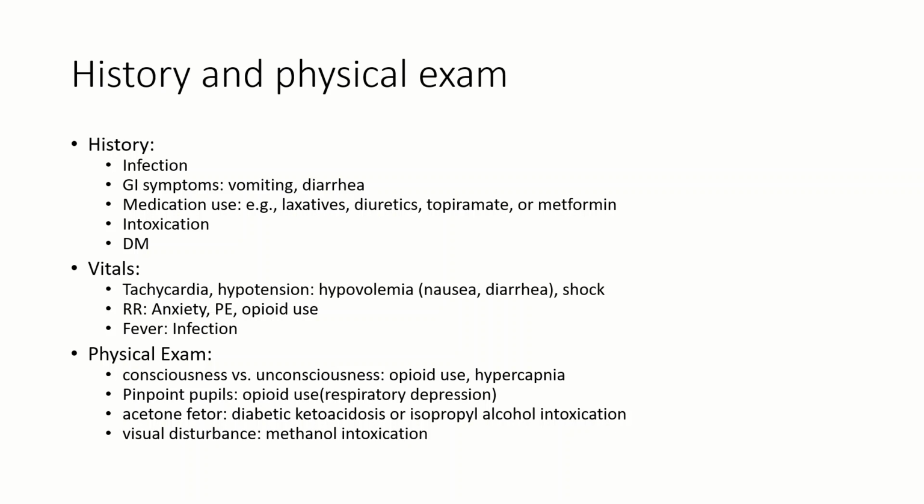For example, if there is an infection, we would think of possible sepsis, and that it could be metabolic acidosis. In the case of opioid use, opioids decrease the respiratory drive and rate, therefore causing CO2 retention and thereby respiratory acidosis.